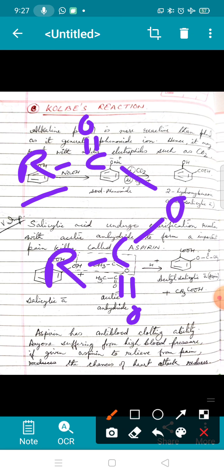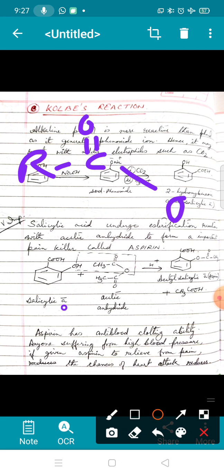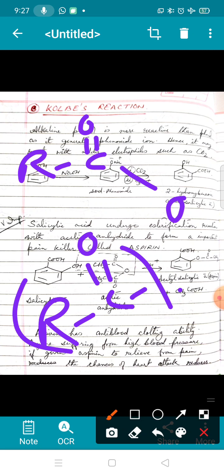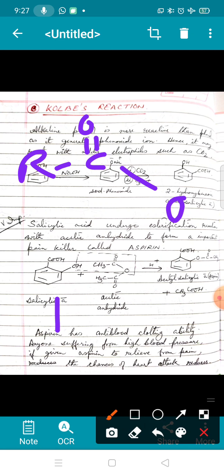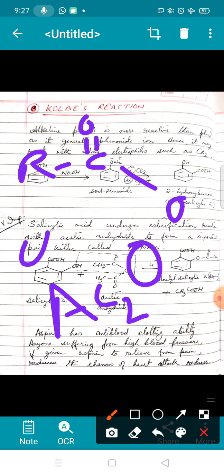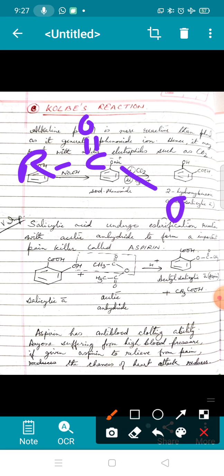In some books you may find it written like this, in some books you may find it written like this, RCO twice O. Somewhere you may find it written like this, Ac2O, where Ac stands for the CH3CO group, acetyl group. Ac2O also stands for acetic anhydride.